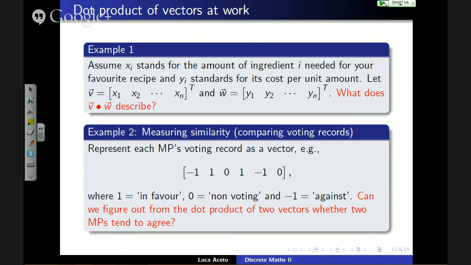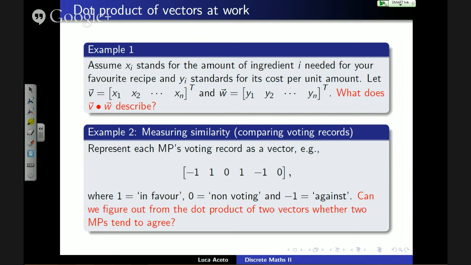One of your colleagues is saying close to 1. But okay, every time Berlusconi and I agree, it means that we are either both in favor or against, which means that this is going to contribute a +1 to the dot product computation. So the more we agree, the more +1s we are going to have.